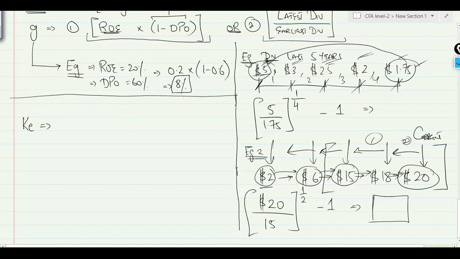One way is to use the CAPM that you studied in VAC of financial management. CAPM is one way to compute the cost of equity. Simple formula. I'm writing down the formula: risk-free rate plus beta into market risk premium.